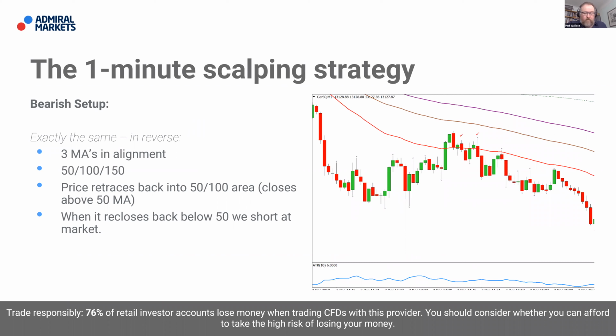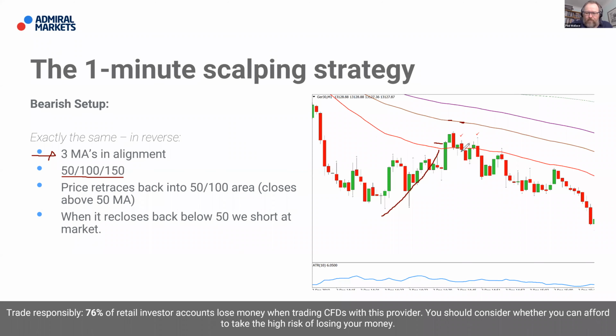So the bearish setup is pretty much the reverse. You're looking for the 3 moving averages in alignment, price beneath the 50, the 100 and the 150, and price retraces back into that 50 to 100 area. Ideally we'd like to see it test the 100, but as I said, we don't always get that.